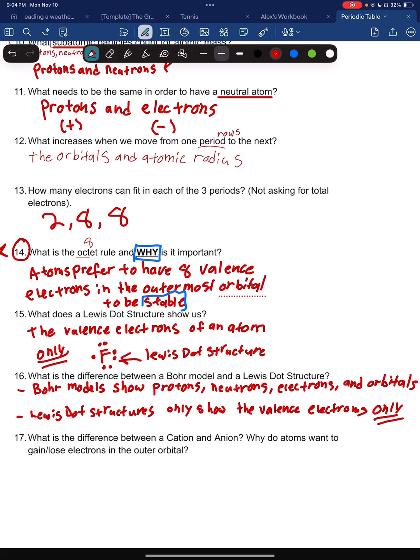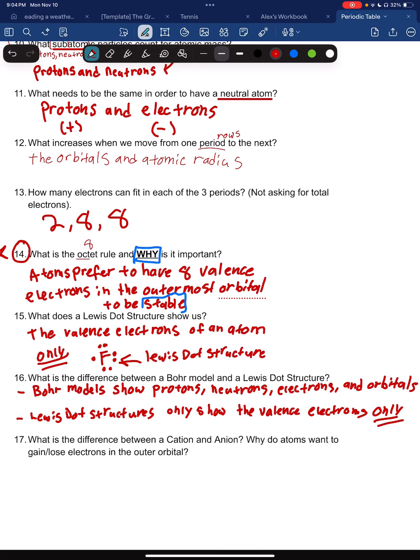Okay, so that's the key difference here. All right, valence electrons, Lewis dots only show you your valence electrons, whereas the Bohr model shows you everything, right?